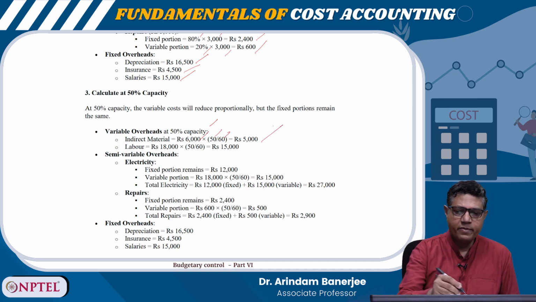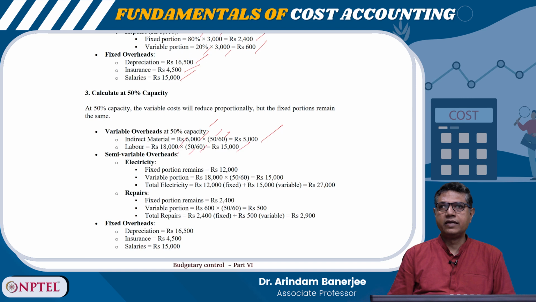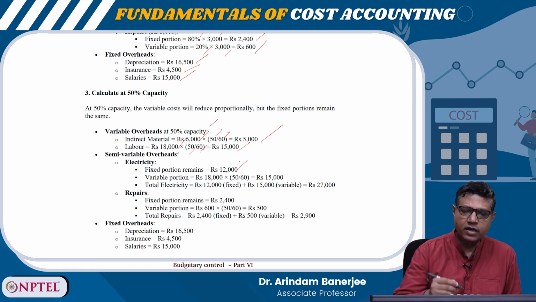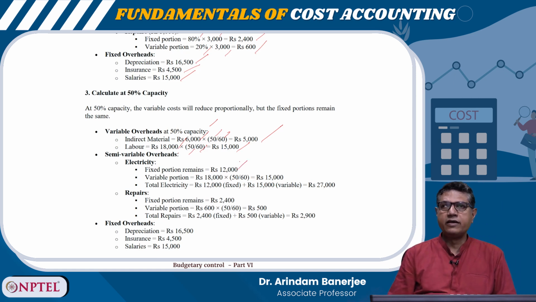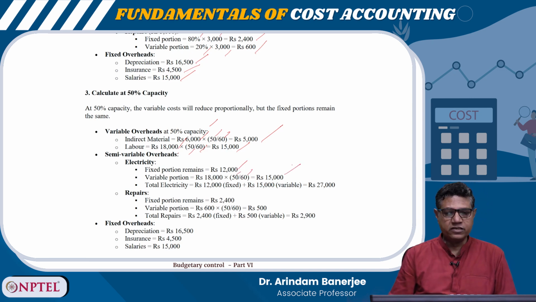Labor 18,000 divided by 60 into 50, that is 15,000. Semi-variable overhead, electricity: the fixed portion, this 12,000, will not change. The variable portion, 18,000 by 60 into 50, that is 15,000, this will change.